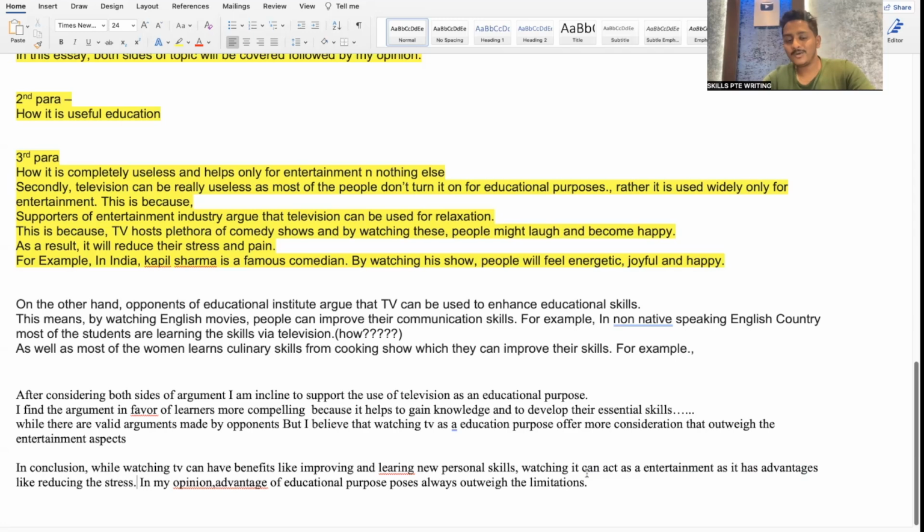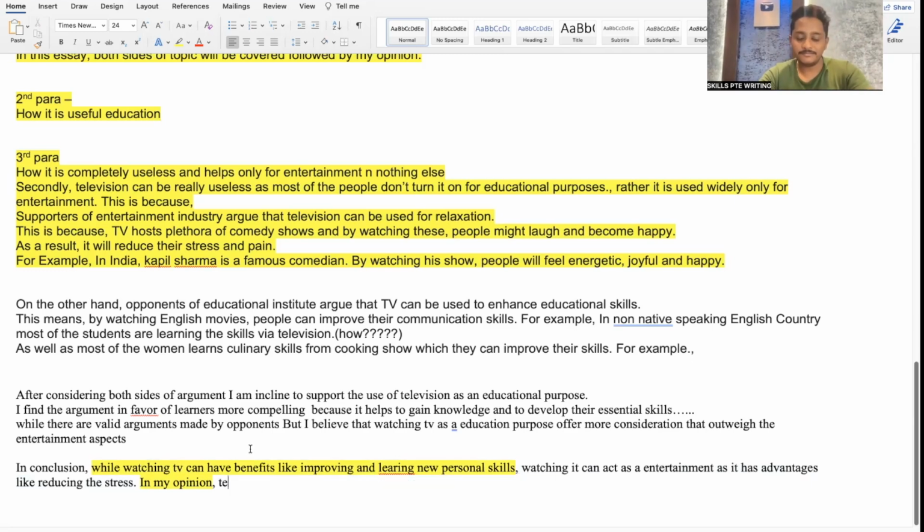This is what he wrote in the second paragraph, and this, improving personal skills, he wrote in the third paragraph. Guys, getting it right? This he wrote in the second paragraph, and this entertainment he wrote in the third paragraph. Well, he mixed it up. Second and third he swapped, and in my opinion he wrote in the fourth paragraph: advantage of educational purpose always outweighs. This is wrong. You have to look at the question and write.